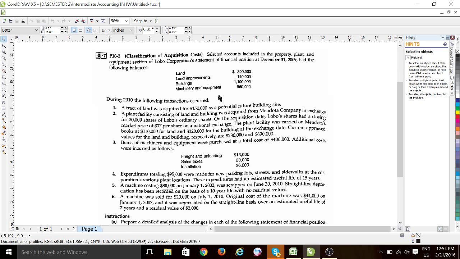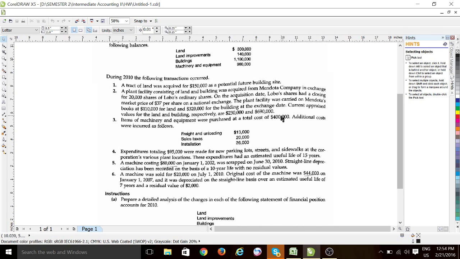This will become our balance at January 1st, 2010, our beginning balance, because the previous year ending balance is the same as the next year beginning balance. So before we answer the first question, we are going to analyze each of these transactions to know which account they are going to affect.